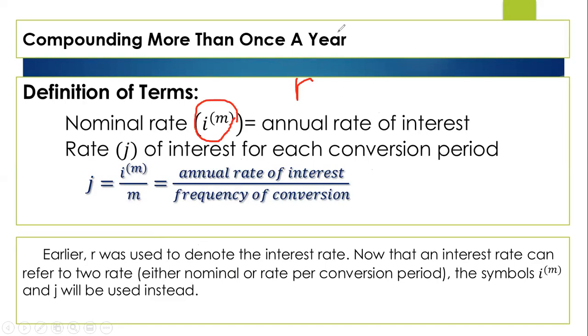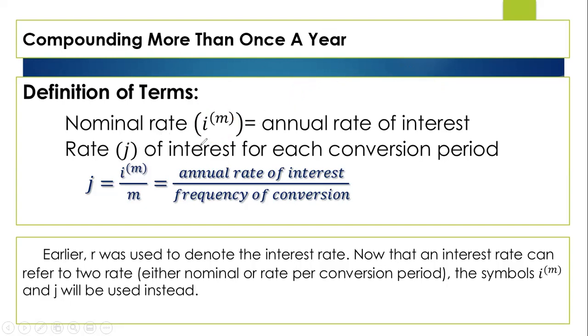So kapag compounded semi-annually daw, semi-annually is 2 yung M, kasi dinivide mo sa dalawa yung isang taon. So that is I raised to 2. So that's how we denote the nominal rate.